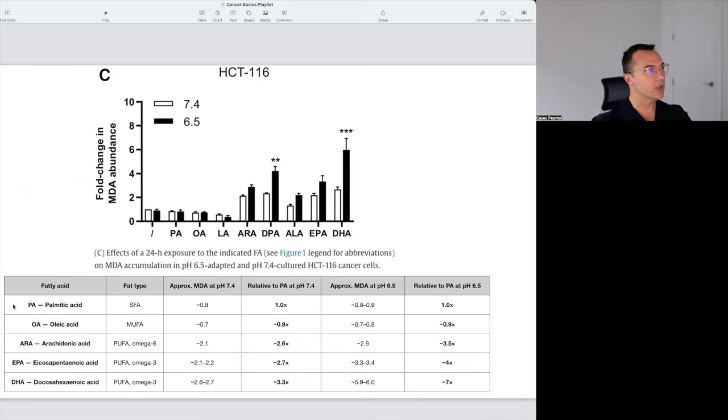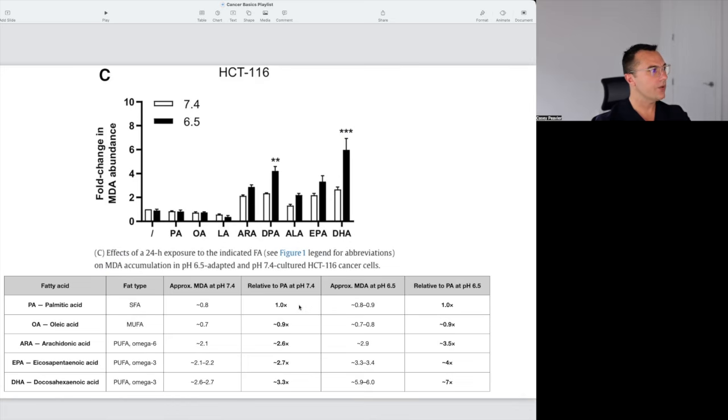So I have created a table that breaks down some of the major types of fatty acids which they conducted experiments on. And I have listed not only what each acronym actually means, but also the type of fat it is and the relative amount of oxidative stress markers for each type of fat at both pHs tested.